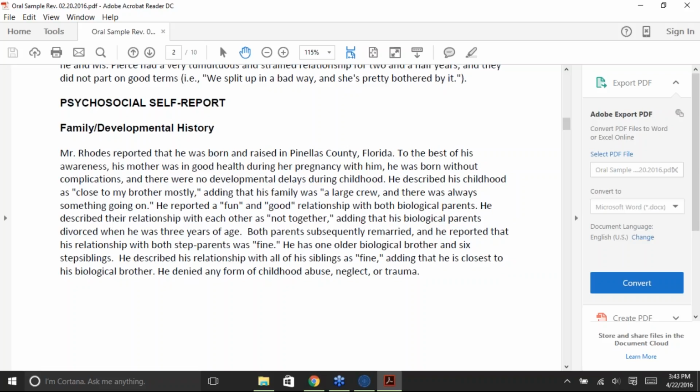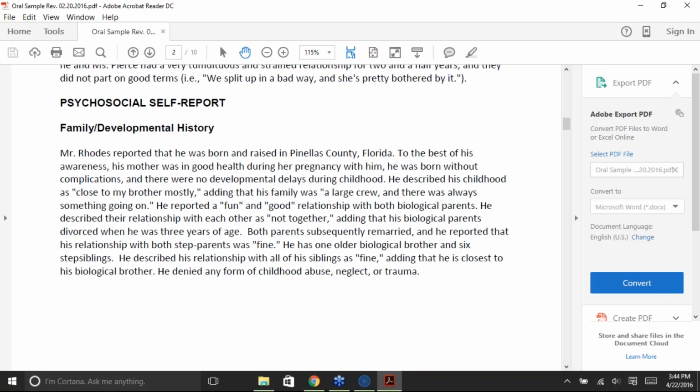He described his childhood as close to my brother mostly, adding that his family, and that was interesting, when I asked him to describe his childhood, he said, I was close to my brother mostly, which kind of infers to me that he may not have been as close to other people in his family, adding that his family was a large crew and there was always something going on. He reported a fun and good relationship with both biological parents.